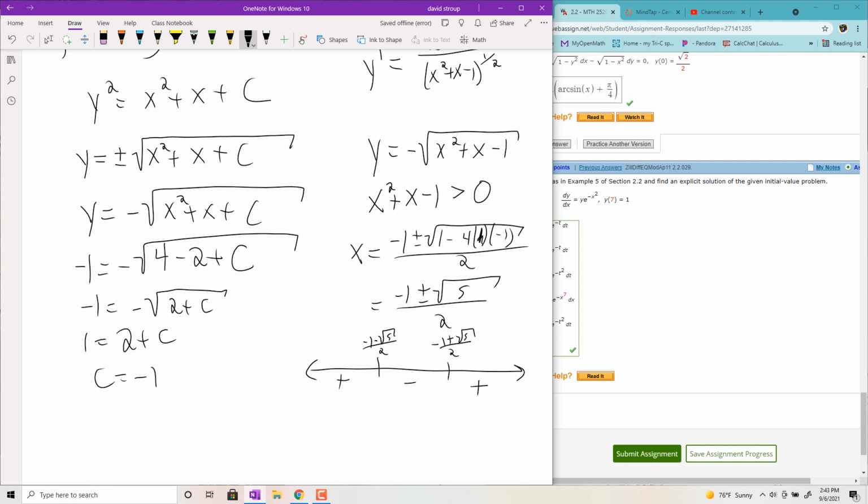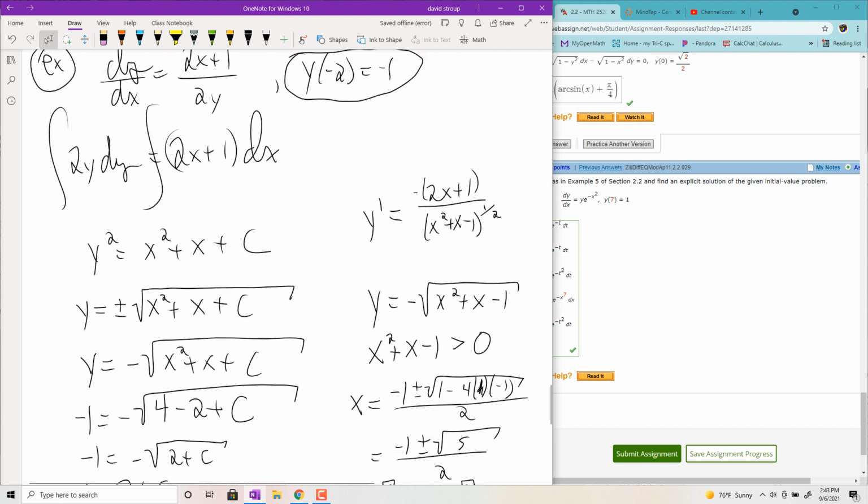So at the end of the day, our interval of definition has to be either negative infinity to -1 minus root 5 over 2, or -1 plus root 5 over 2 to infinity.